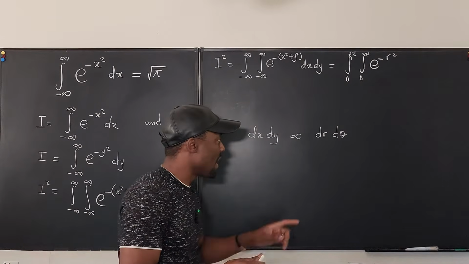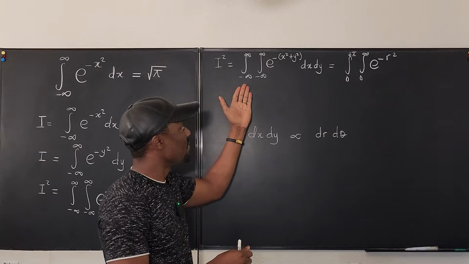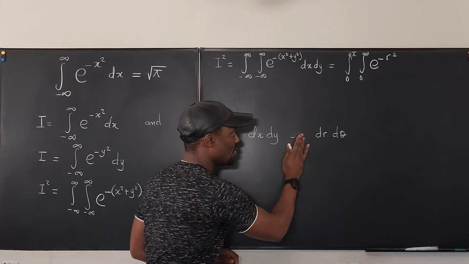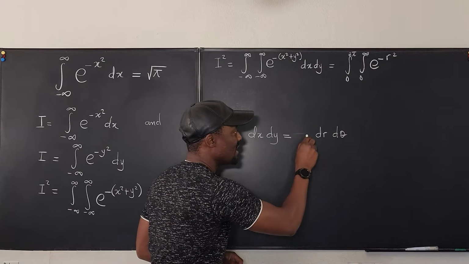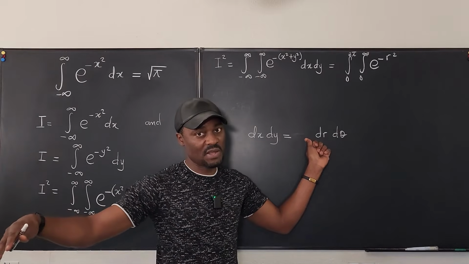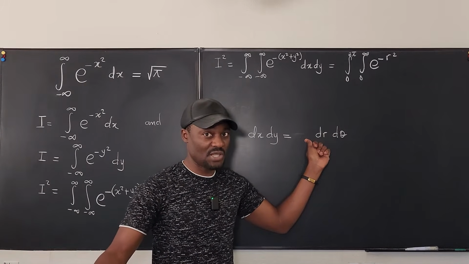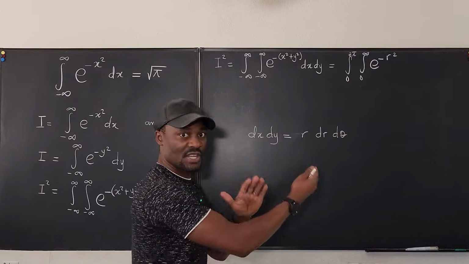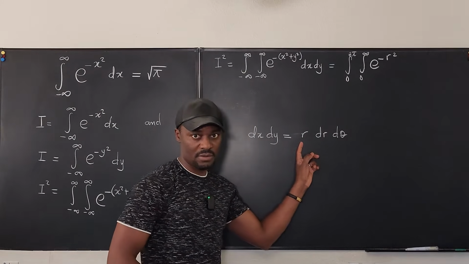Whenever you're switching from this to this, you have to multiply by the Jacobian of this function, which can be computed maybe in another video. It's a very simple computation, but what you get for the Jacobian of this transition is r.